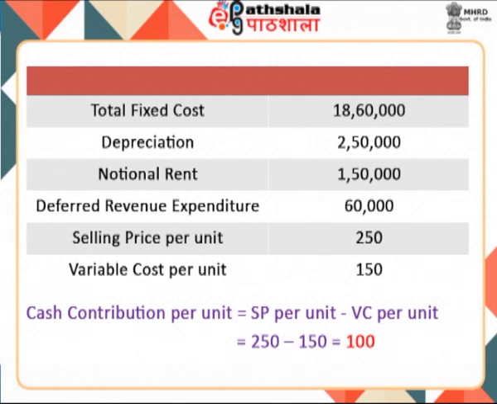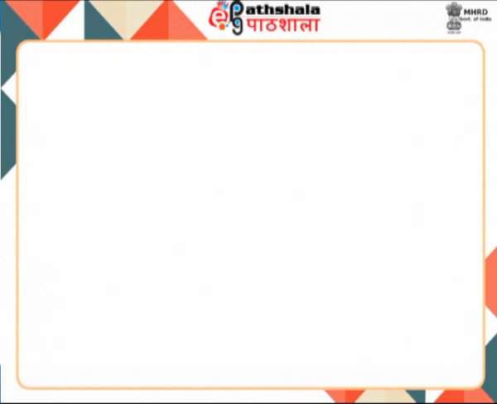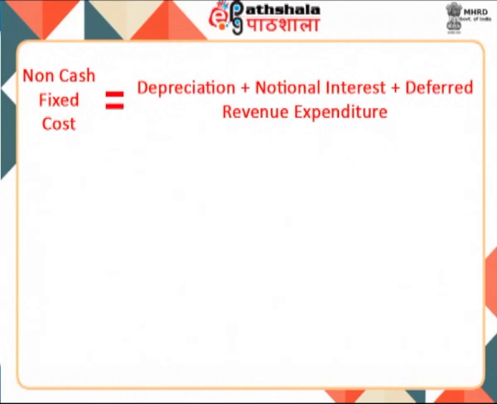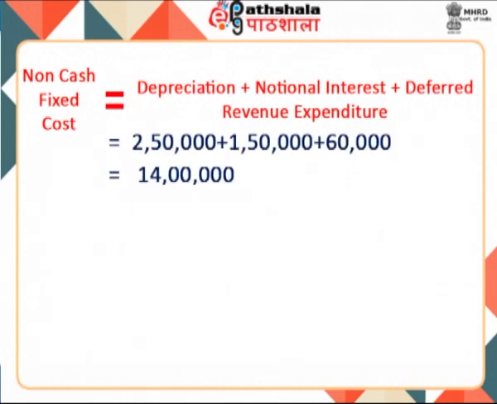We can work out the amount of cash component of fixed cost by subtracting non-cash fixed cost from the total fixed cost. As per the given details, the non-cash fixed cost equals the sum of depreciation, that is rupees 2,50,000, notional rent, that is rupees 1,50,000, and the deferred revenue expenditure, that is rupees 60,000, which comes out to be rupees 4,60,000.